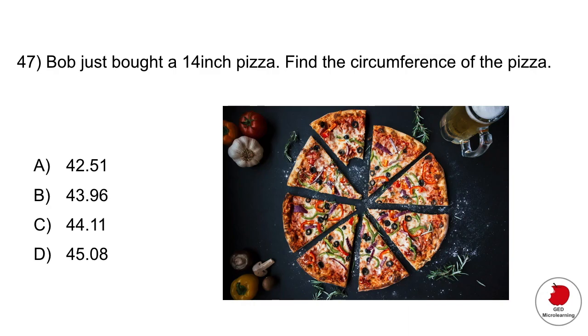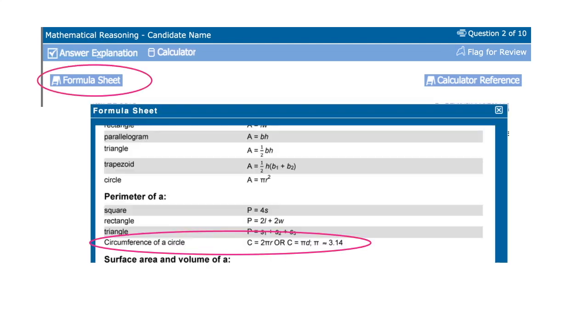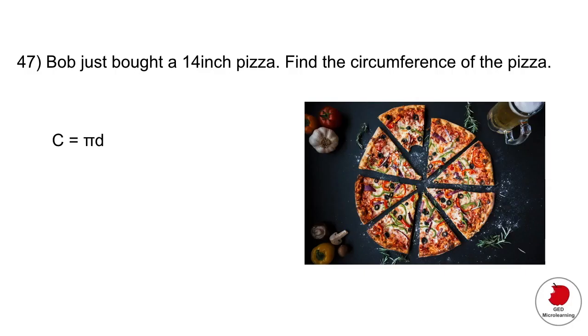All right, question 47 is a geometry problem. It's telling you that Bob just bought a 14-inch pizza, and it's asking you to find the circumference of the pizza. These are straightforward questions if you remember that in the exam you have a formula sheet. If you look at the formula sheet, there's an equation there to find the circumference of a circle: circumference is equal to pi multiplied by diameter.